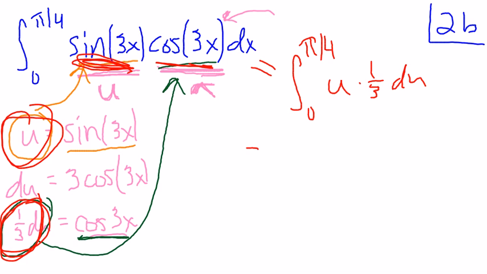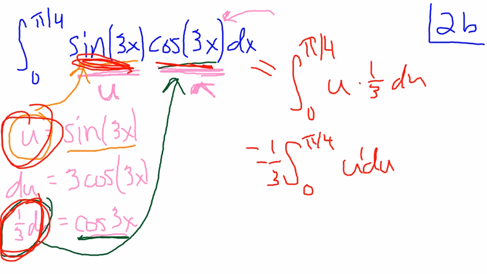I get equal to integral, and remember this is x equal to 0 to x equal to pi over 4. 1/3 comes out front, and then I get a u du. Now it's funny, we did all this work to get rid of sines and cosines, now we have u du. This is actually probably a really easy problem, although you may not recognize it as that. This is really u to the 1. How do I integrate u to the 1 with respect to u?